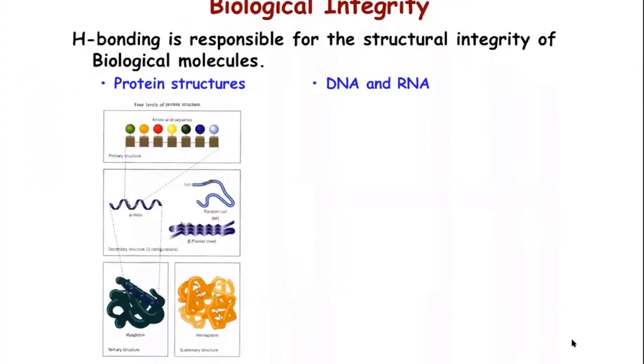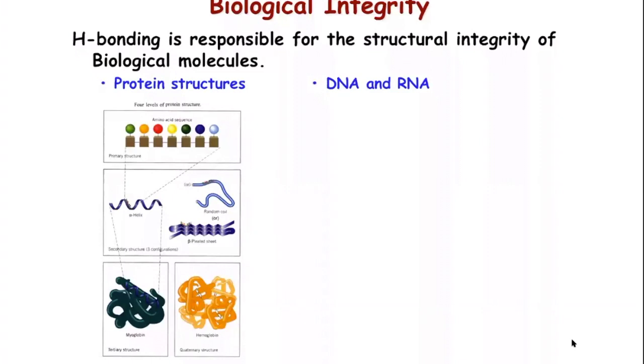So we owe a great deal to hydrogen bonding in terms of life as we know it. Without hydrogen bonding, the proteins in our body would not function, because the way a protein works is that it has a specific shape, and the shape is influenced by, some of you already know this, the primary, secondary, tertiary, and quaternary structure.